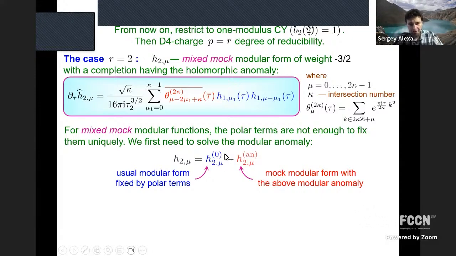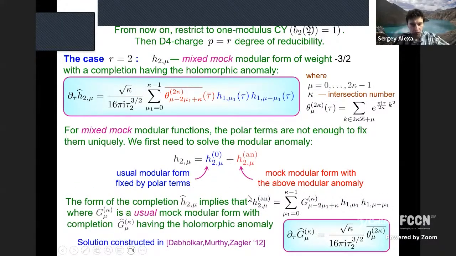And then the idea is that you fix this ambiguity by computing the polar terms, because if you computed the polar terms of H2, this function is known, so you know also the polar terms of these guys and of this modular function, and you can fix it uniquely. So we have to do these two steps: first solve the modular anomaly, and then compute polar terms. So let's do it. In this particular case, there is a natural ansatz for solving this modular anomaly equation.